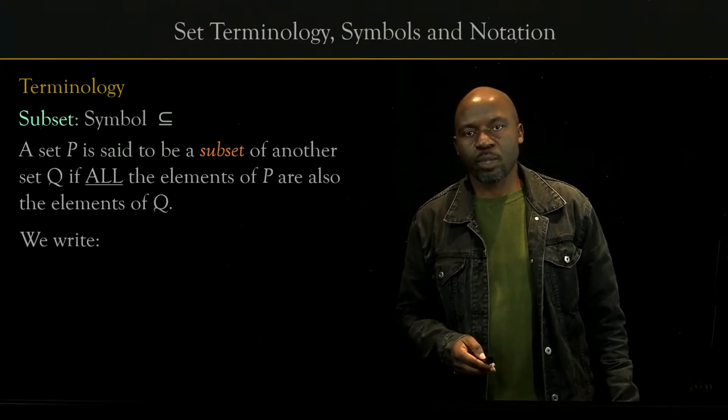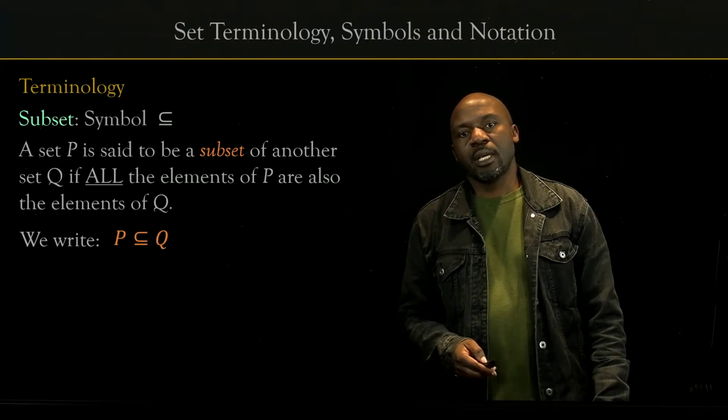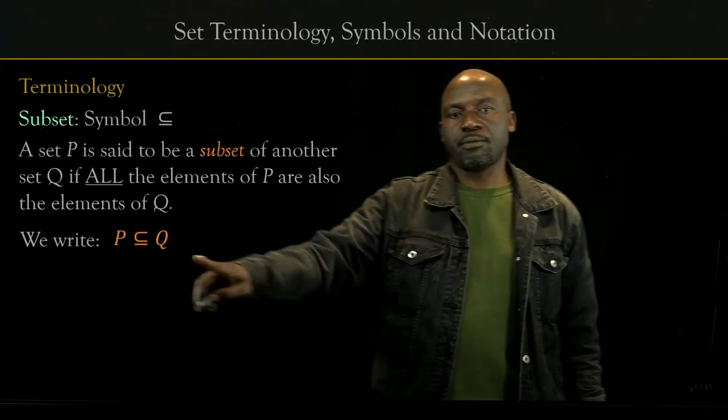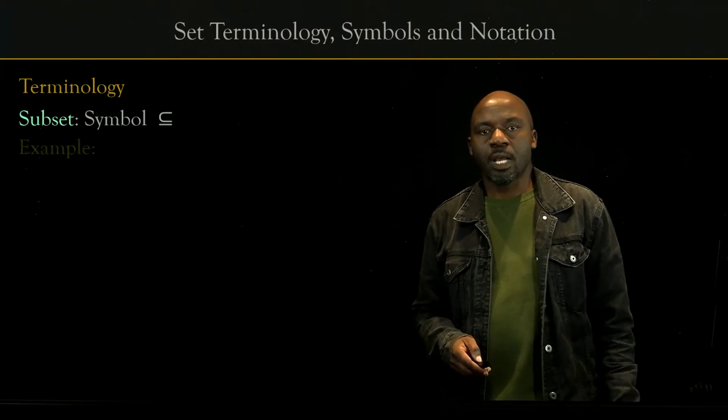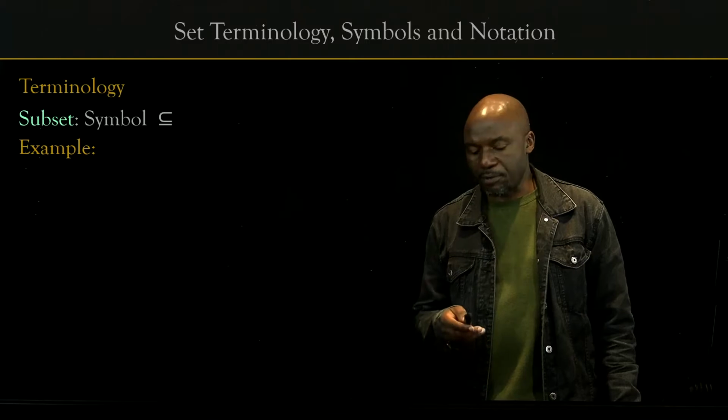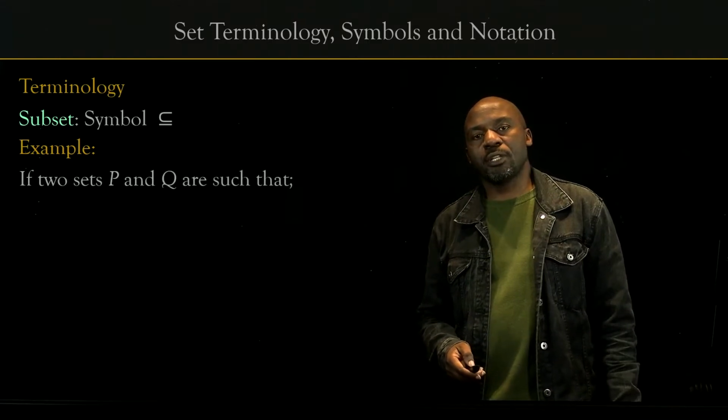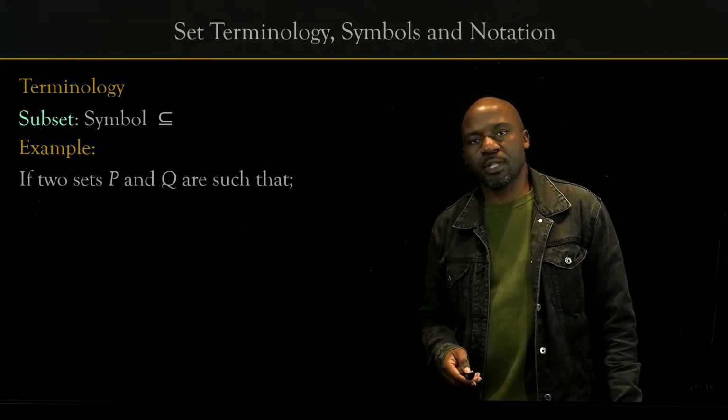Like this, we write that P is a subset, so that's the symbol for subset. So P is a subset of Q, and of course Q is also a subset of P. We can show this using what we call Venn diagrams.